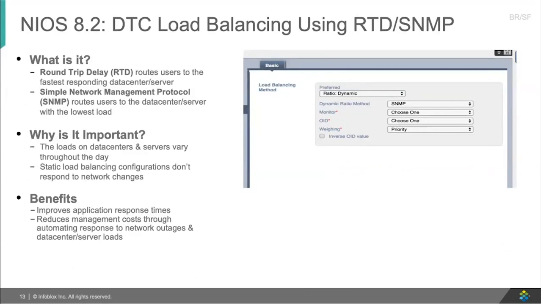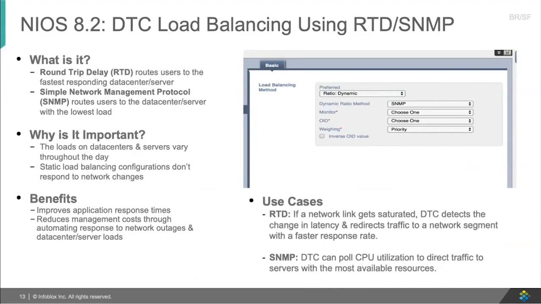This one, you just mentioned SNMP, but we also have round-trip delay. Can you walk through this one for us? Yeah, so these are essentially checking the actual health of the server. The round-trip delay is us checking how fast the response is going to be from the server to where the traffic's coming from.